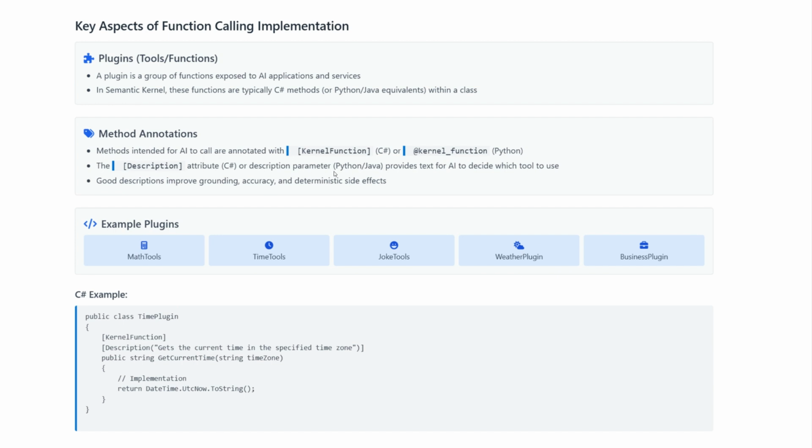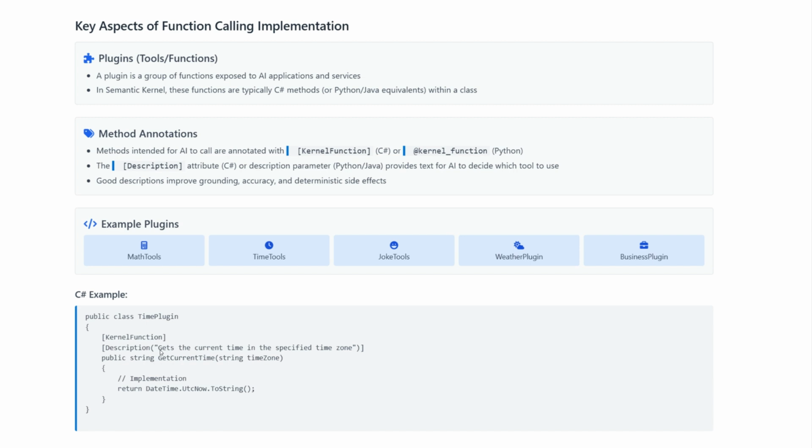This slide explains how function calling works in Semantic Kernel through plugins, which are groups of functions exposed to AI applications. Each function is defined in a class and annotated with the KernelFunction attribute in C#, along with a description to guide the AI in choosing the right tool.